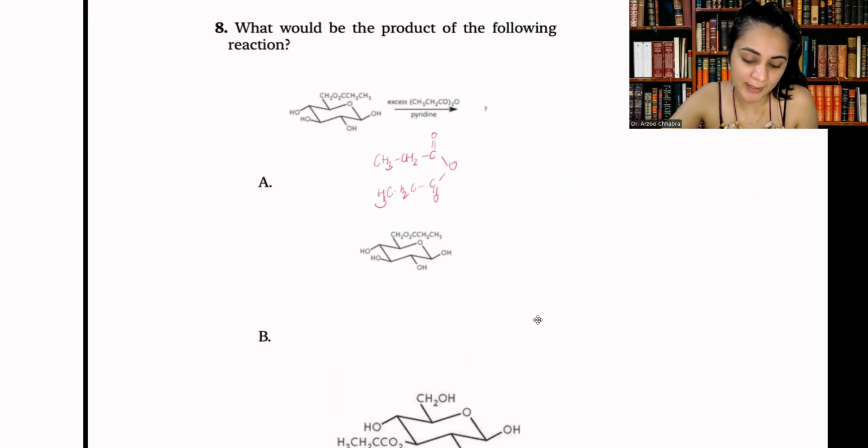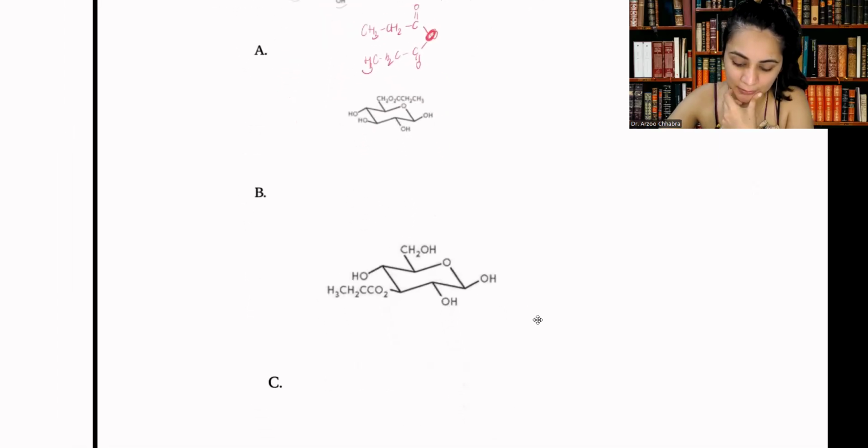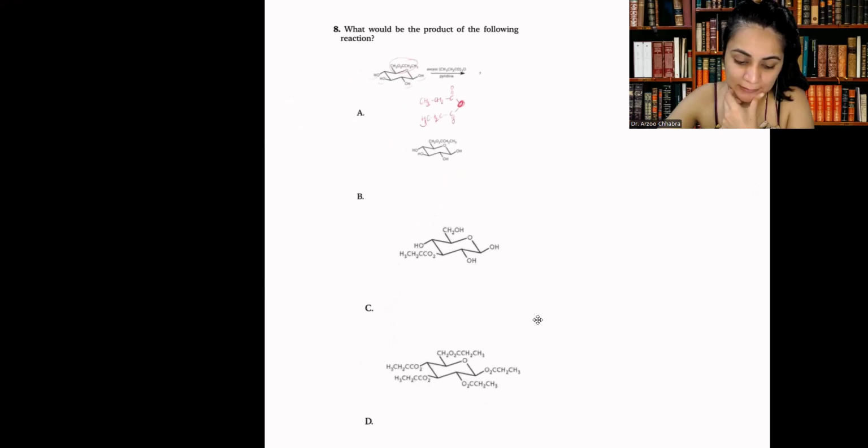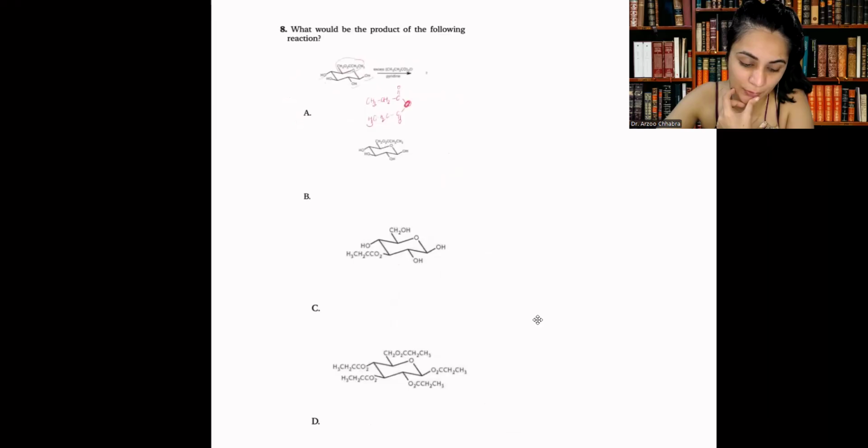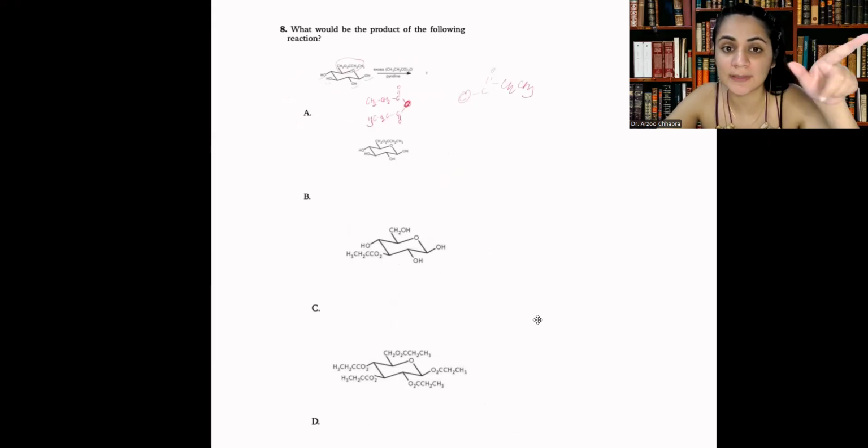And so we have all these different alcohols, and that is an ester already. So we have an ester in all these different alcohols. So all the alcohols can be converted to O, C double bond O, and then CH2CH3. So option C looks like the correct answer.